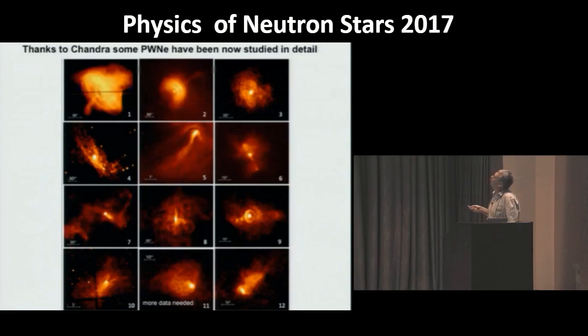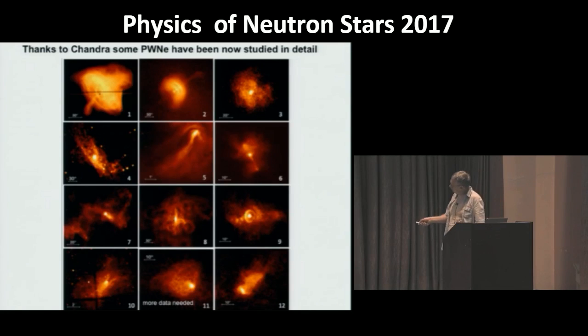Just to show some more images, zoomed-in images of pulsar wind nebulae that have been studied in detail. They are collected in this slide and the next slide. What does it mean? It means there was a dedicated long Chandra observation, or the pulsar wind nebula is so bright, like in the case of the Crab, that maybe you don't even need a long Chandra observation, but it's one of those two. So we have good data on most of these nebulae.